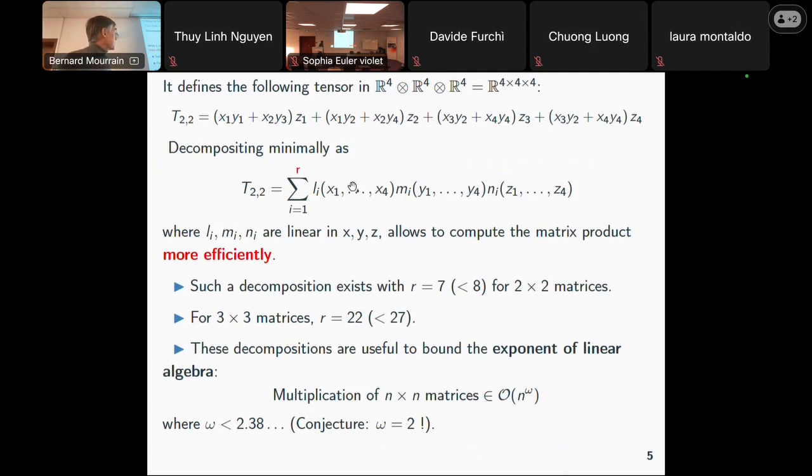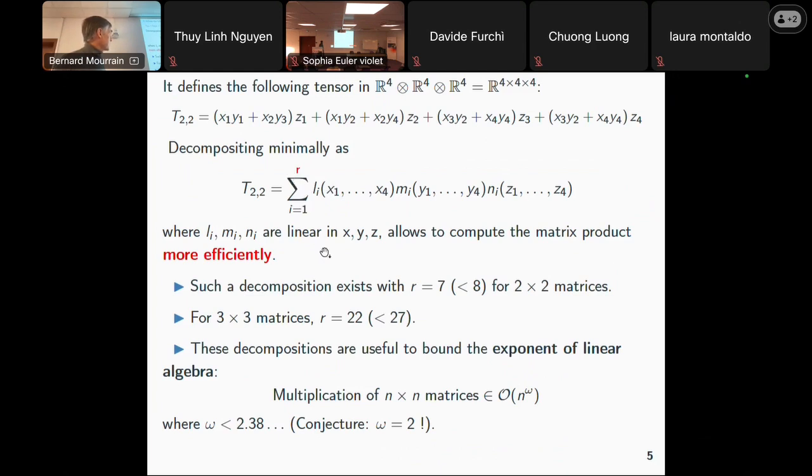And decomposing this tensor in a form which is the product of linear in X times linear in Y times linear in Z, in a minimal number of terms, R here, in a way which is minimal in the number of terms.